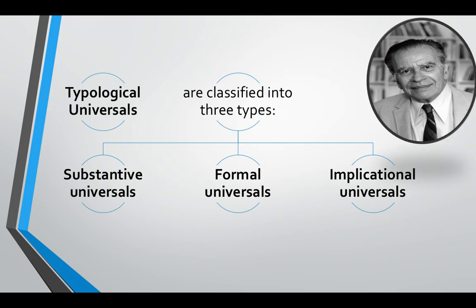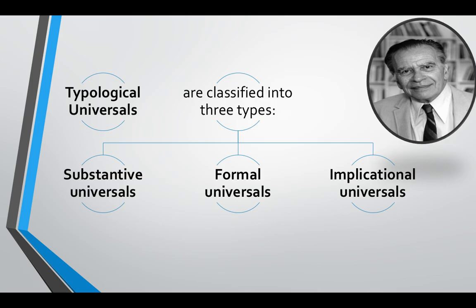Joseph Greenberg. So typological universals are also classified into three types: substantive, formal, implicational. Substantive universal, we can simply define it as the basic inherent features of the language.